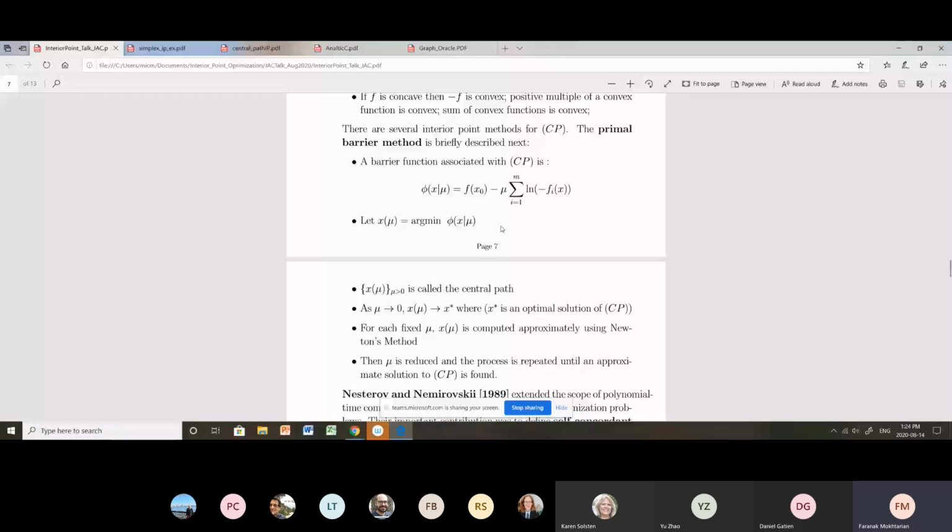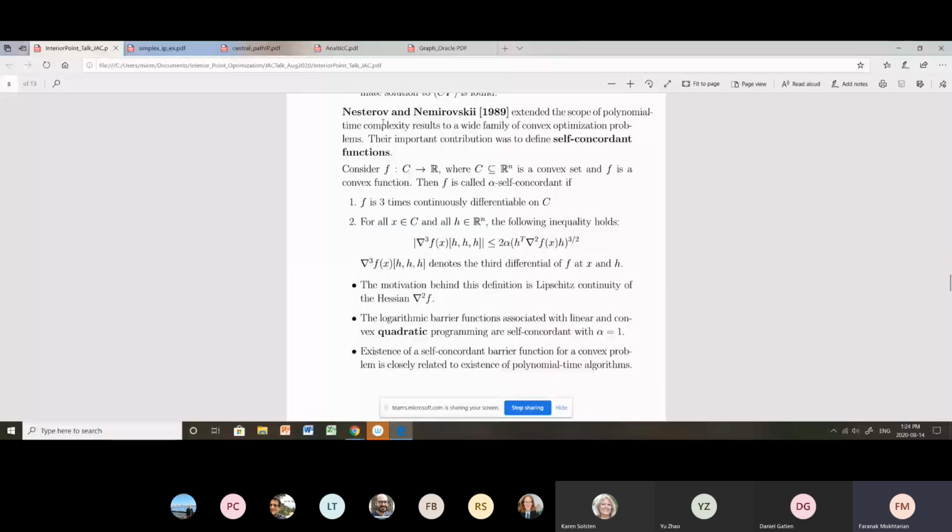Now, there was an important contribution by two Russian mathematicians, Nesterov and Nemirovsky, in 1989, that extended the polynomial time complexity results to convex optimization problems. Their important contribution was this definition of what they call self-concordant functions. Self-concordance is very important to prove that the interior point algorithm that was mentioned would converge in polynomial time.